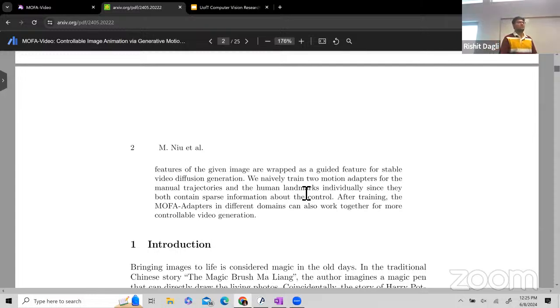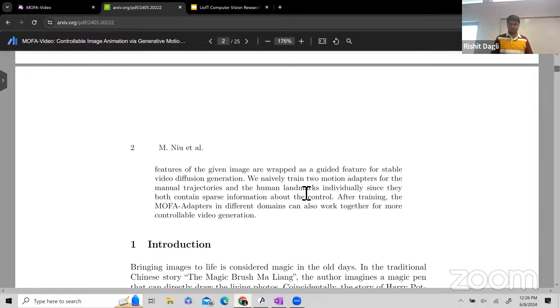We'll talk about the methods in the coming section. So I'll just talk about the whole summary of the abstract. MOFA-Video is a sophisticated method for animating images into videos with high user-defined control, and it uses domain-aware motion field adapters to handle various types of control signals like human landmarks and manual trajectories.